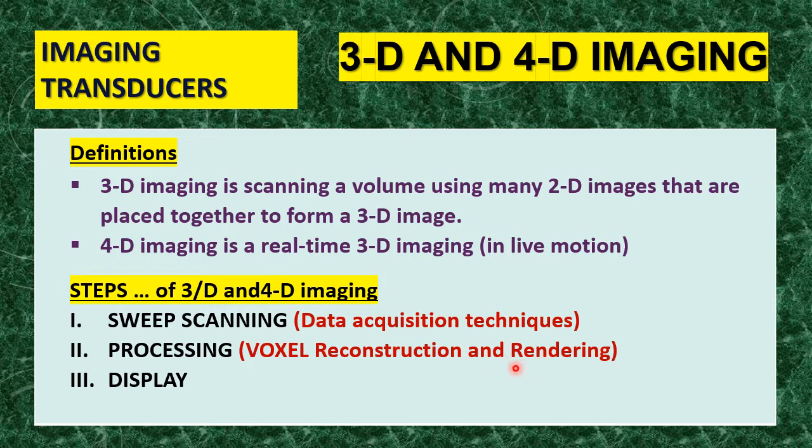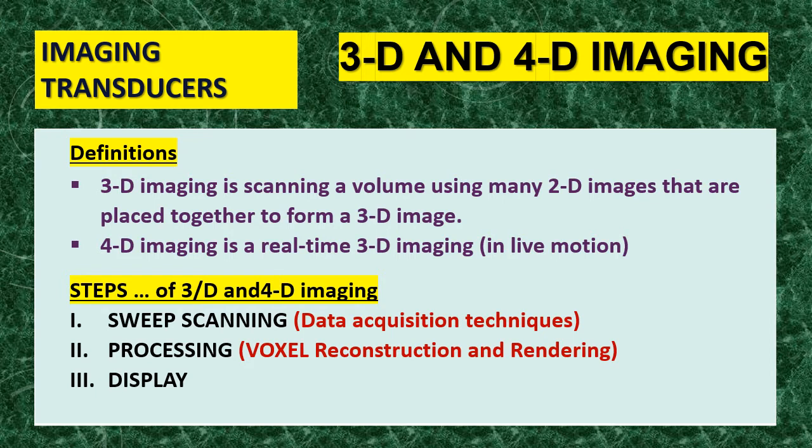Rendering happens in the processing, and the rendered image will be sent to the display. So the display will display the rendered image, and we have different ways of rendering. So again, we have data acquisition, we have voxel reconstruction, which is building a virtual 3D volume in the electronics of the machine, and then we get what we call rendering.